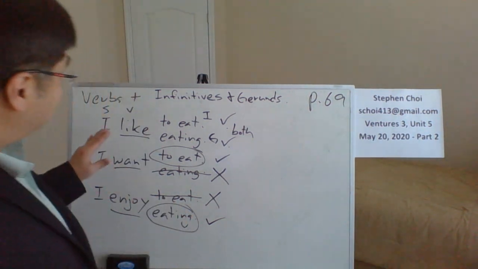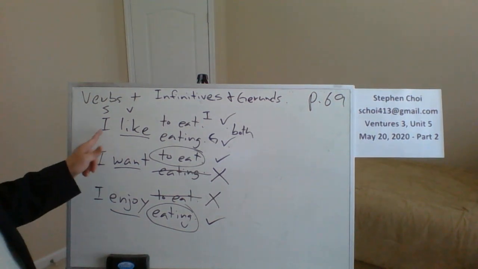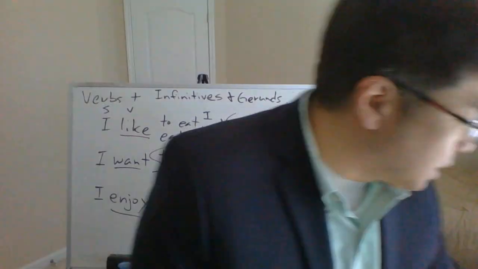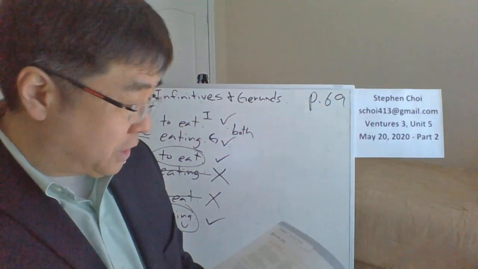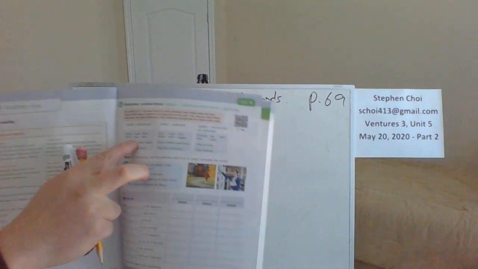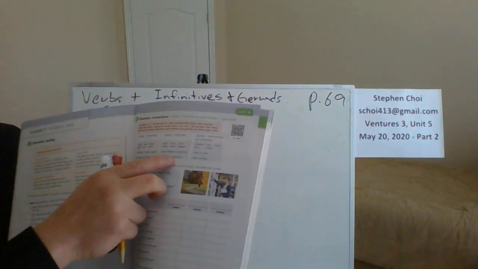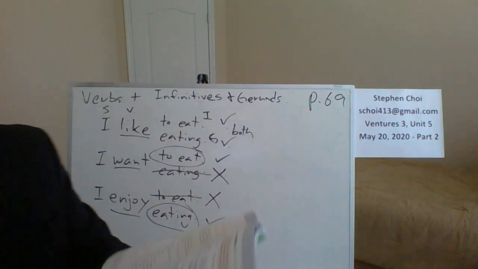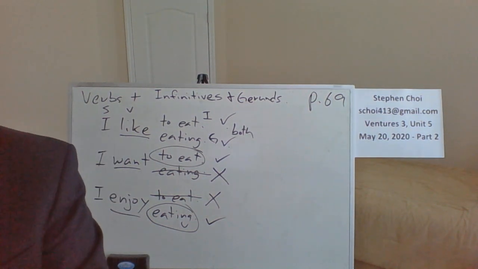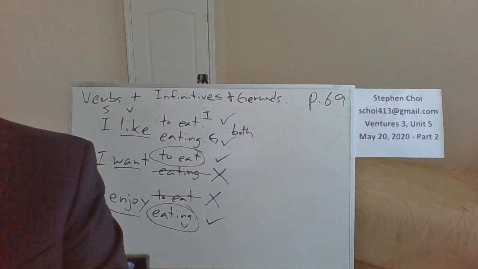So that's the main thing. If you look at the book, there's a short list here: infinitives only, gerunds only, and both. The words for infinitives only are decide, need, refuse, intend, plan, want.